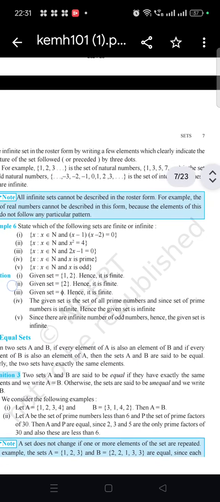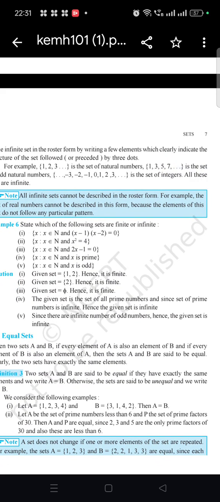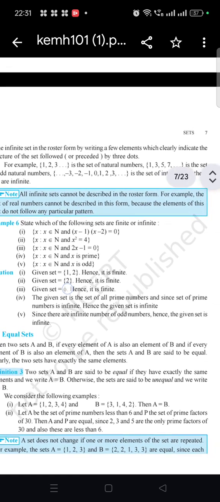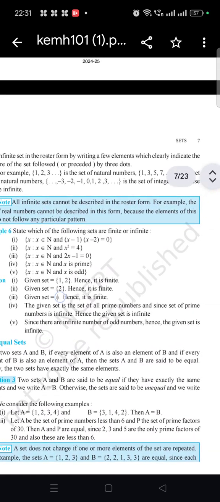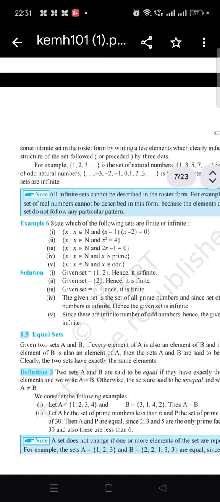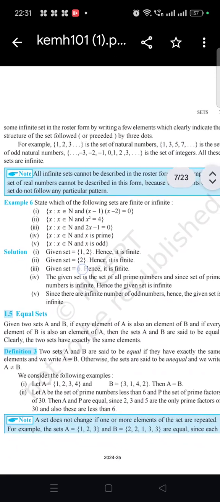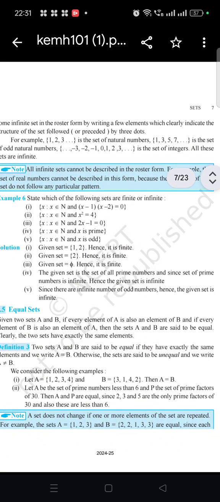All infinite sets cannot be described in roster form. For example, the set of real numbers cannot be described in roster form because the elements of this set do not follow any particular pattern. Okay. Now, Example 6. State which of the following sets are finite or infinite.